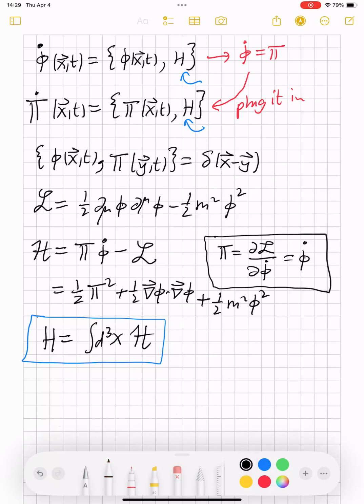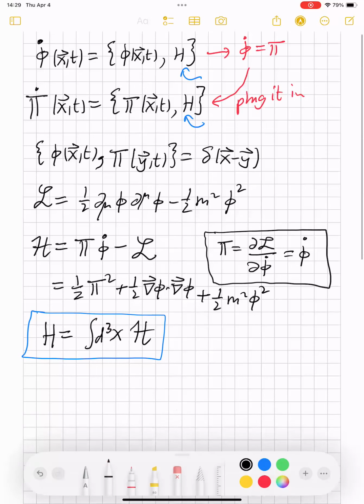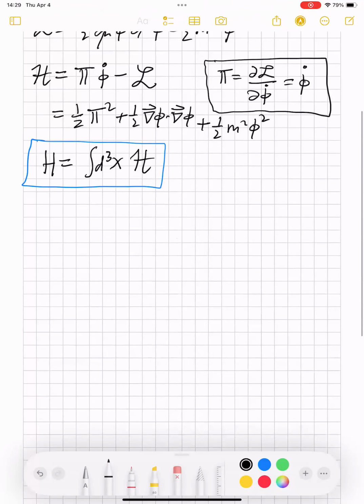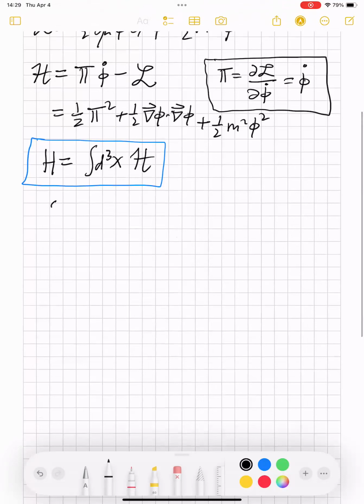One point when you're doing this calculation is that you're going to need to calculate the Poisson bracket between a derivative of the field, let's say derivative with respect to x, I just want to be explicit about what that derivative is, and perhaps you've got a pi of y comma t, something like that.